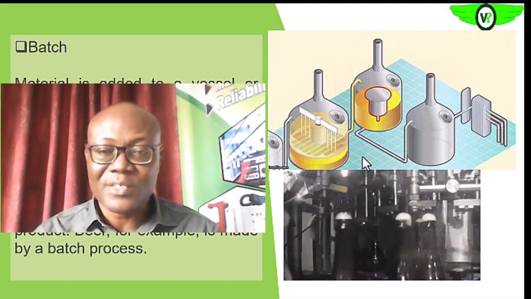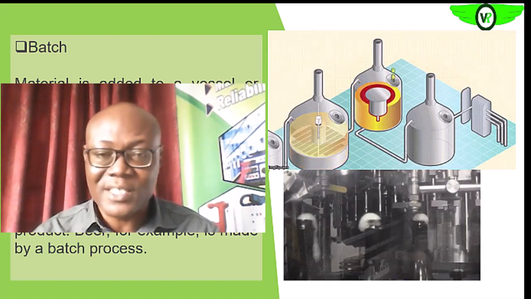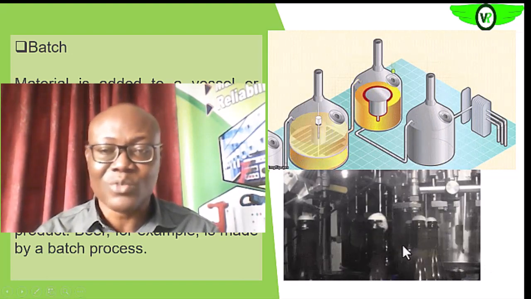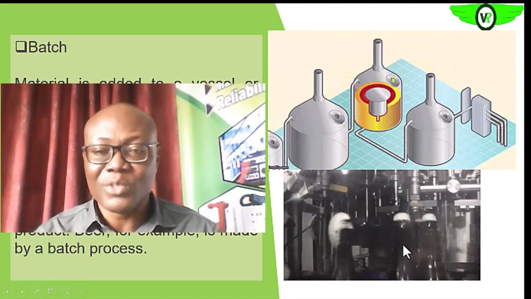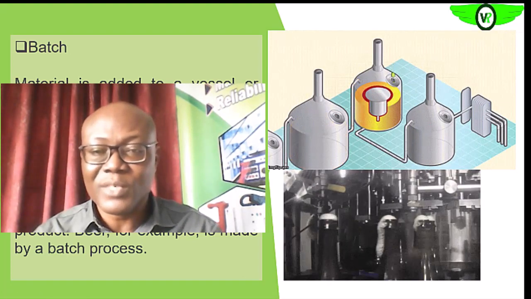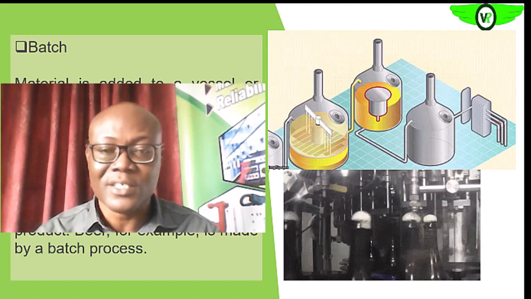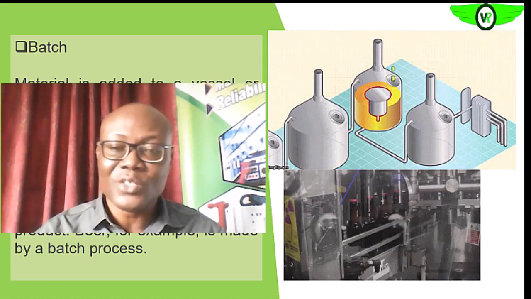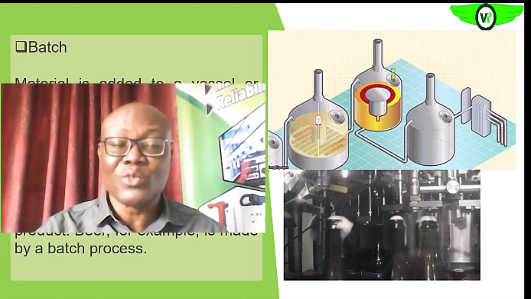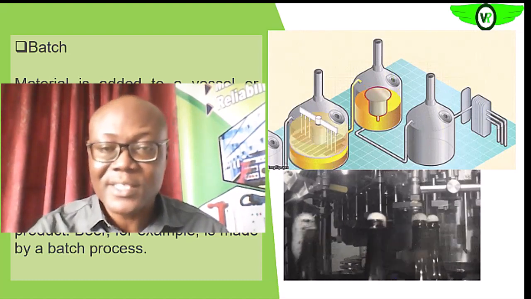Other additives may be added at different stages. Then the filling of the bottles or cans, and the corking, will also take place at different stages. So this is called the batch process. You must finish one stage before you can go to the next stage.